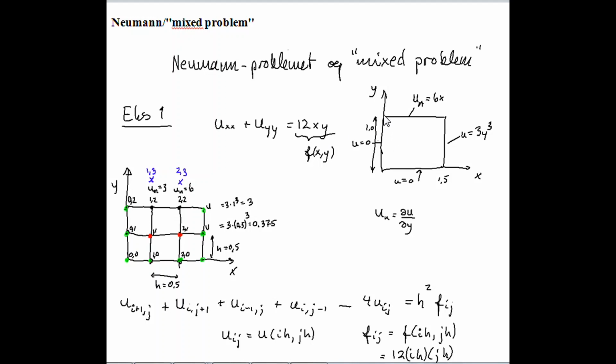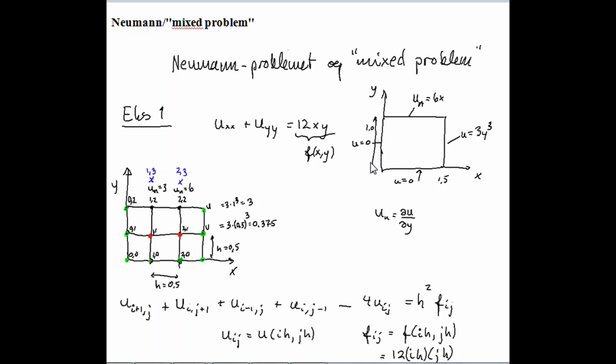In the example we are going to consider, we consider just a rectangle with side lengths 1.5 and 1. The x-axis is in this direction and here is the y direction, and the origin is here.